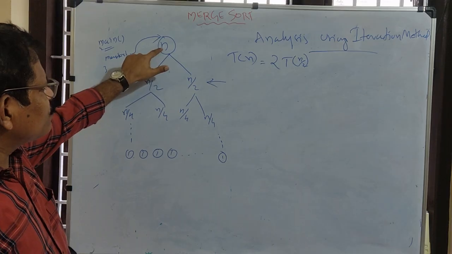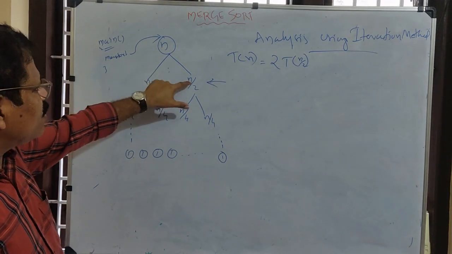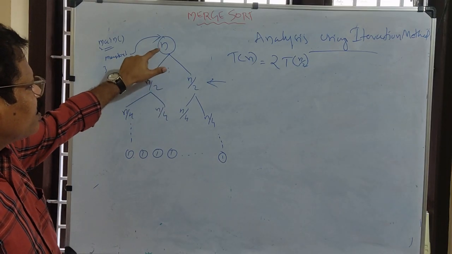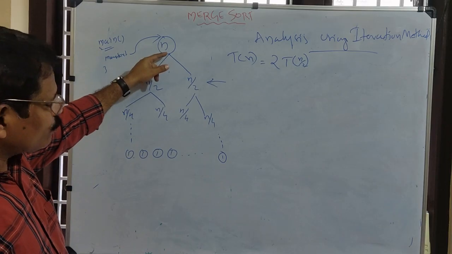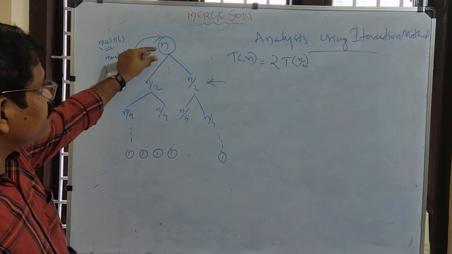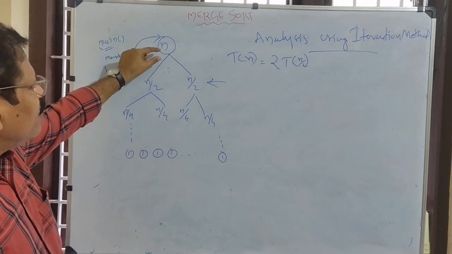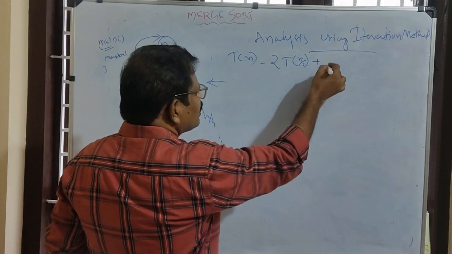Then we are speaking about this function call. So once these functions are returning, it has to merge. In addition to that, it has to calculate the middle index, etc. The main work is merge. We will consider the cost of merging, that is the biggest one.